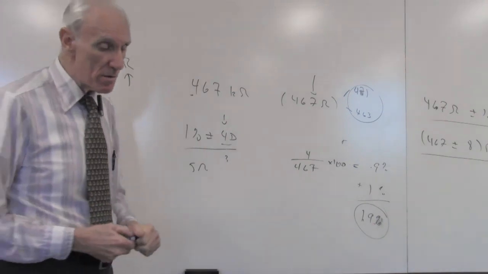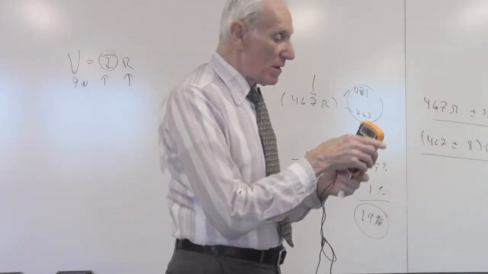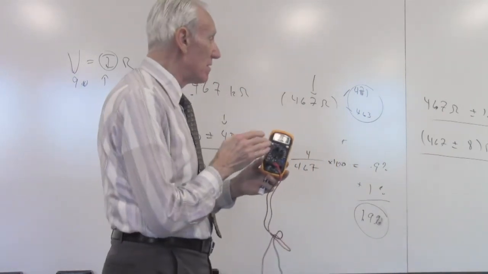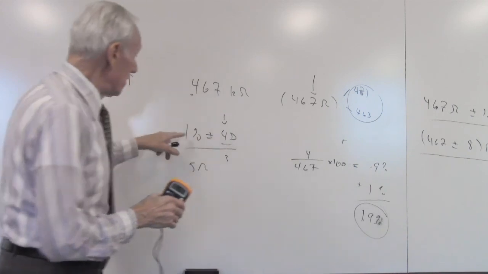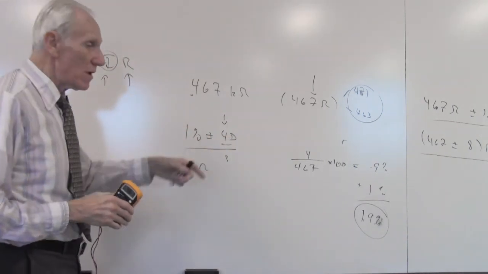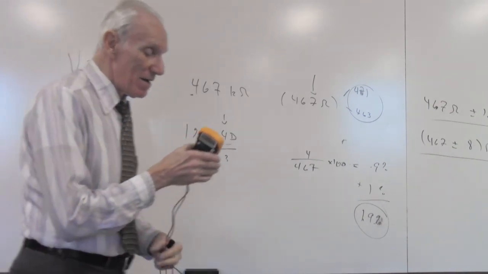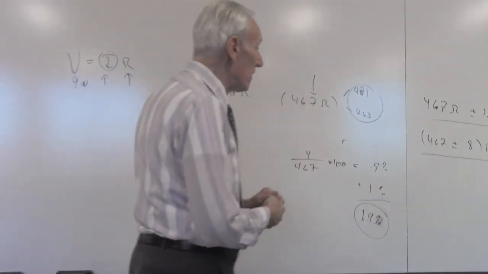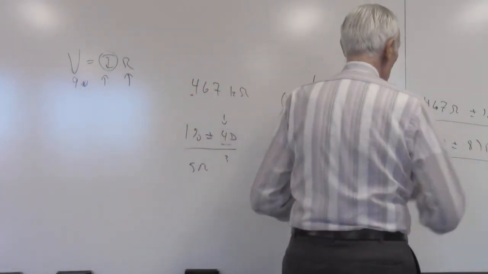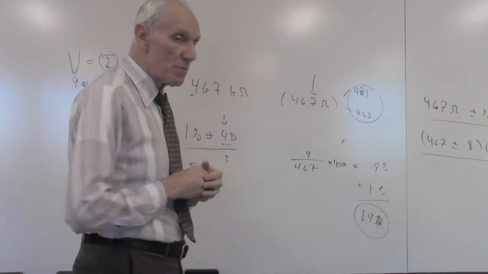Okay, so that's how you use a digital meter. You use it by putting the greatest number of digits on the screen as you can, and then applying this rather strange looking 1% plus or minus 4D, whatever the number is, times D, to get the range of values. So it's 1.9% or plus or minus 8 ohms in this particular case.